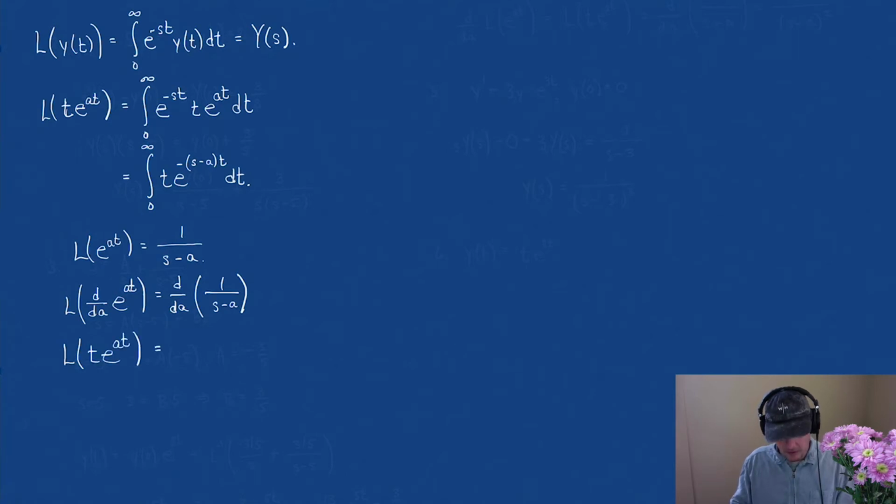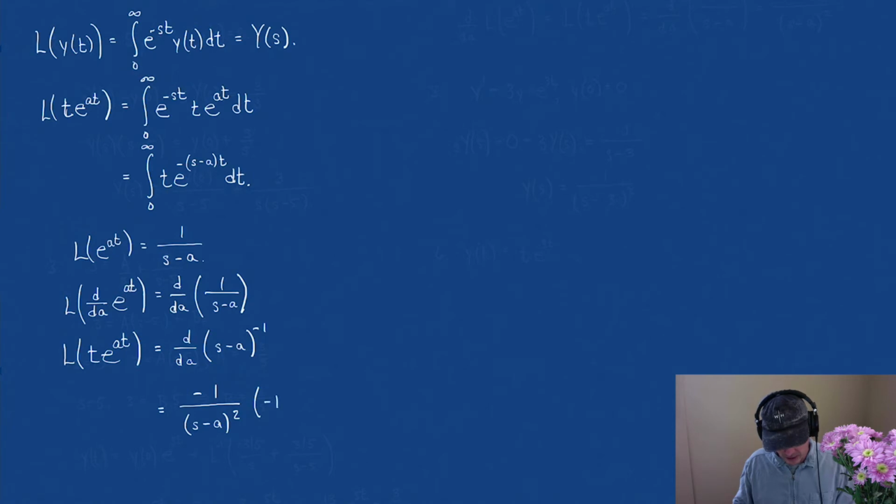Well, this is equal to the derivative with respect to a of s minus a to the minus 1. So when we take that derivative, we're going to pick up a negative 1 over, subtracting a power, so that's s minus a to the second, since I'm already putting it in the denominator, times the derivative of s minus a with respect to a.